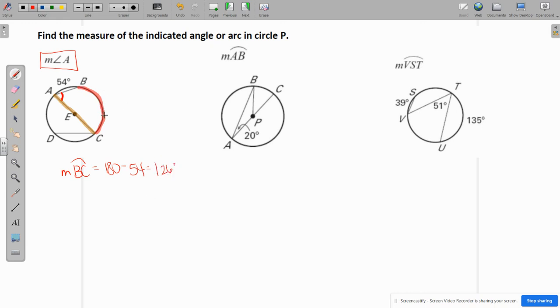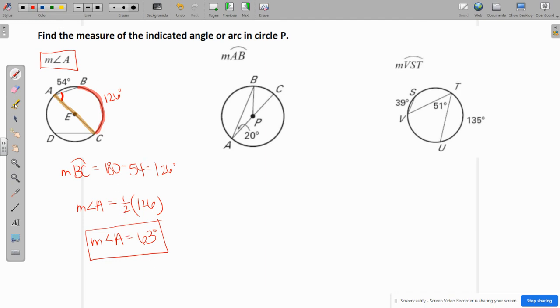So the measure of arc BC is 126 degrees. We know that the measure of this angle should be half of the measure of the intercepted arc. So the measure of angle A is 1/2 of 126 degrees. Half of 126 is 63. Therefore, the measure of angle A is 63 degrees.